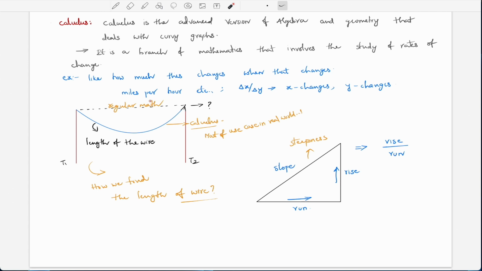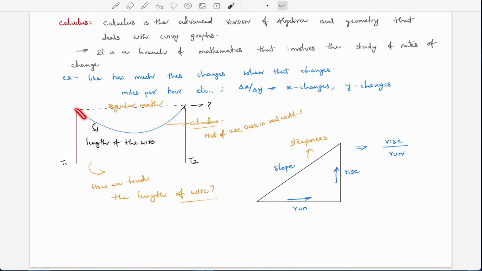You may wonder how we use this in real life. We use calculus daily in real life. Suppose I have two towers, and I want to find the length of the wire attached to these two towers.